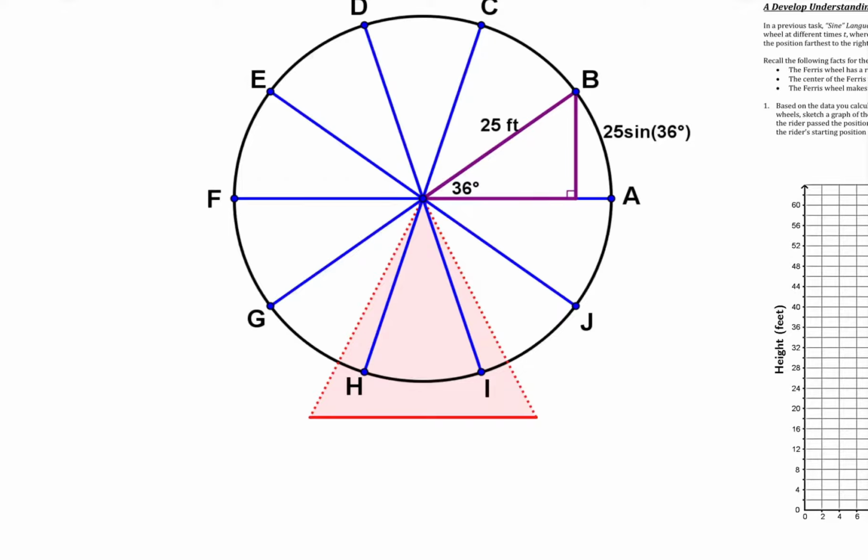Our times we'll come back to, but let's start with what we know. We know the height is 30 feet here at position A. And if that's my height off the ground, I know another place that is also 30 feet off the ground. I know another place on this wheel that's exactly 30 feet off the ground. So I'm going to mark it right here at F. We're 30 feet off the ground.